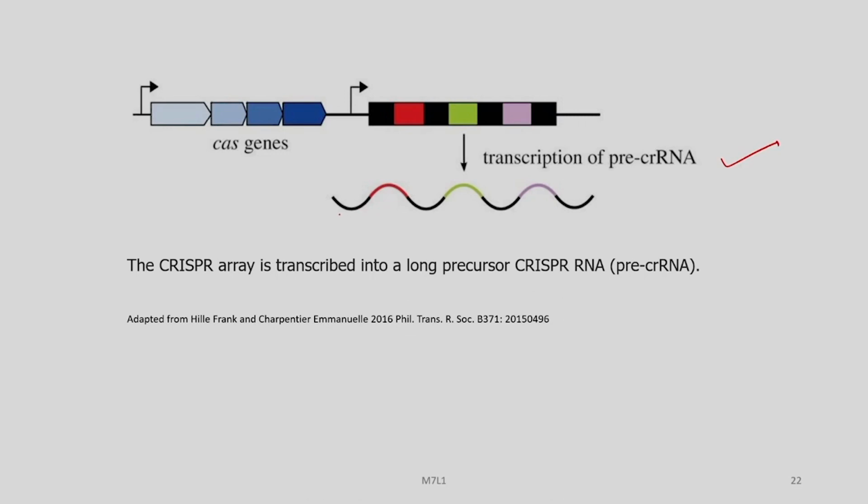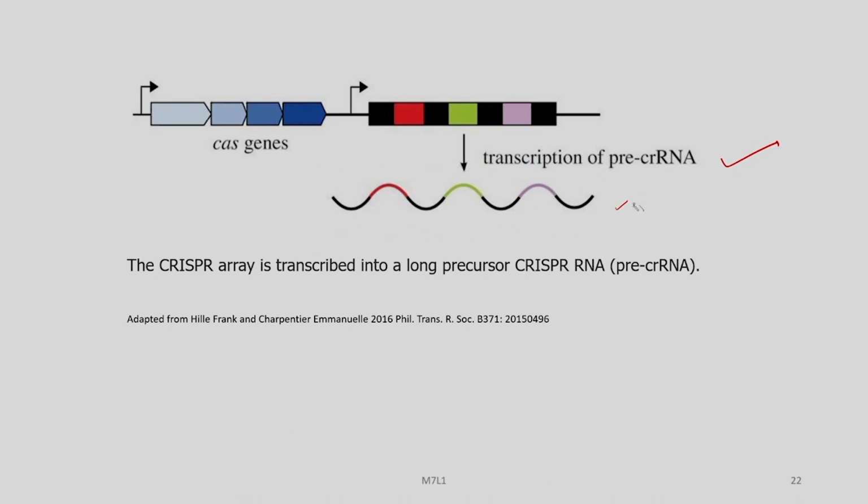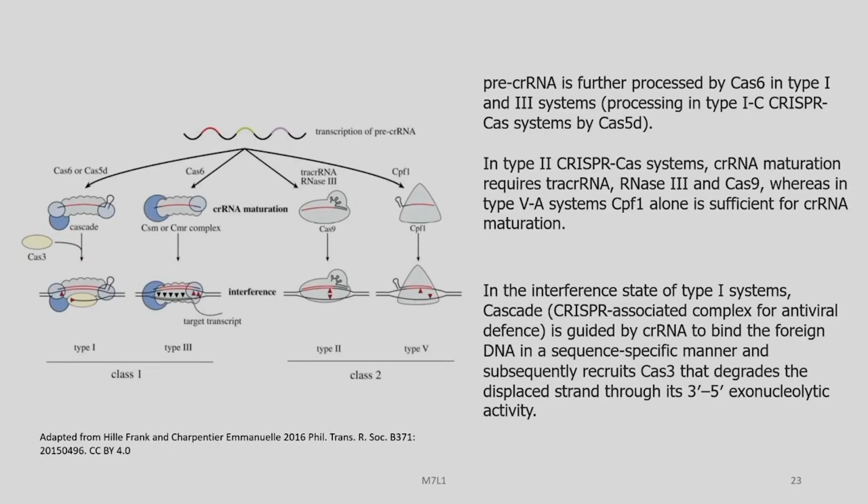Here you have all the repeats and all the spacers expressed as a single transcript, and you have to remember that these are basically the sequences of the viruses which attacked these bacterial strains in the historical past. Also, they are basically antecedent DNA. So, once the transcription happens, the pre-CRISPR RNA is formed.